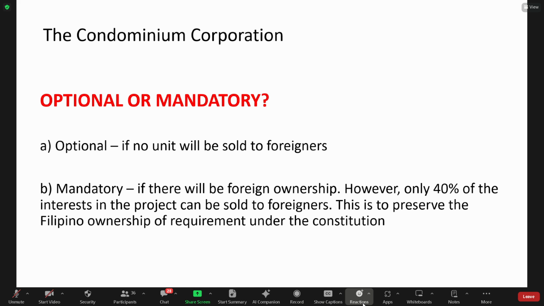And as we know, the maximum foreign ownership is 40%. So remember: optional if no unit will be sold to foreigners.